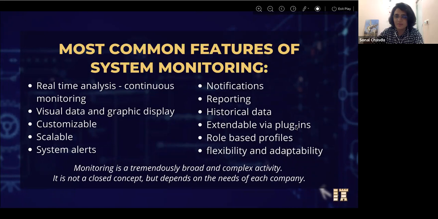Then extendable via plugins. It's not just the monitoring tool itself offering the services, but there are many plugins available in the market which can offer advanced and more facilities in the monitoring. So the tool should be flexible enough, able to extend via plugins.